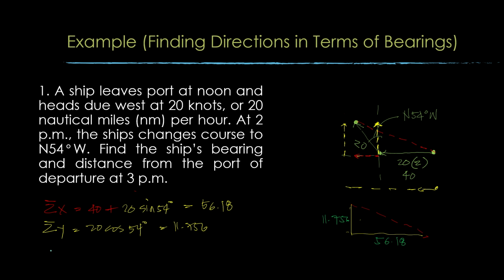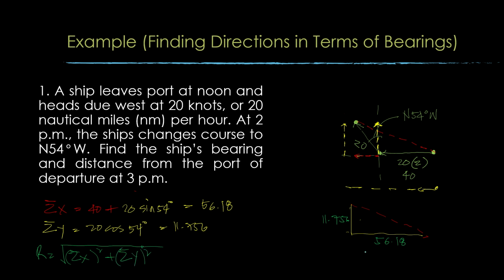The Pythagorean theorem. So r, or the resultant, or the distance from the point of origin up to your final destination, is given by c squared equals a squared plus b squared. Taking the square root, that would be the square root of the summation of x squared plus the summation of y squared.